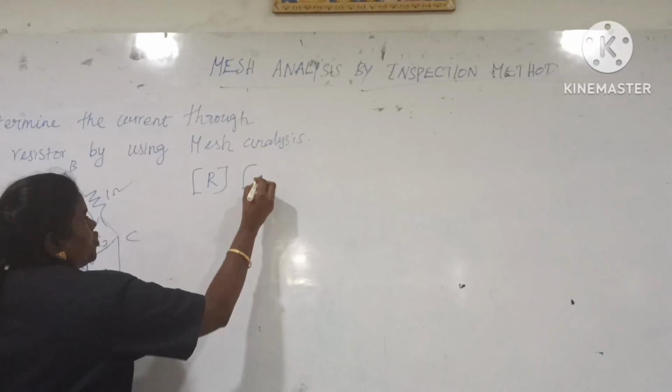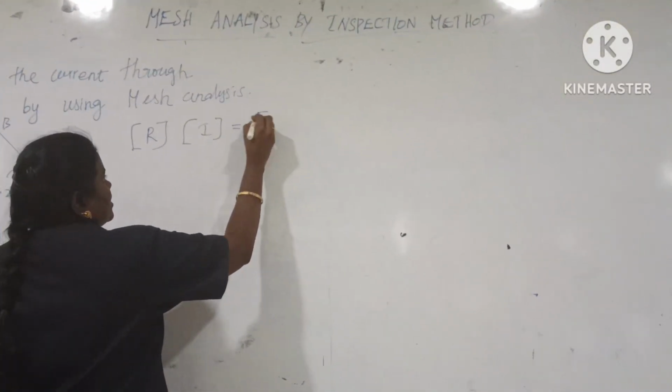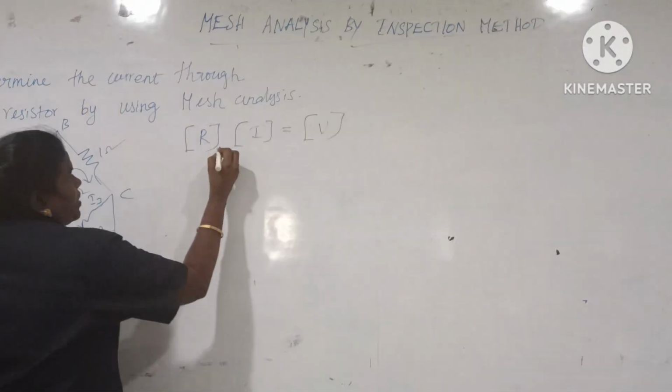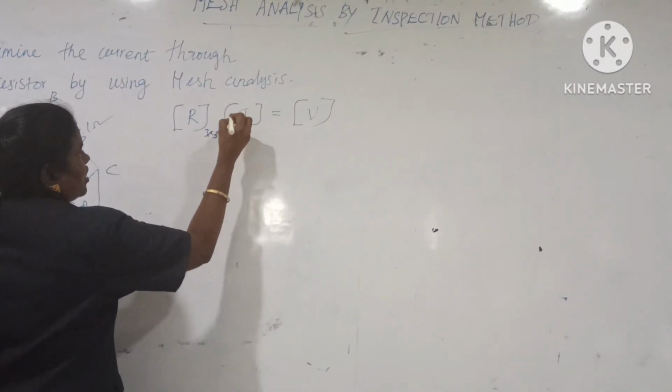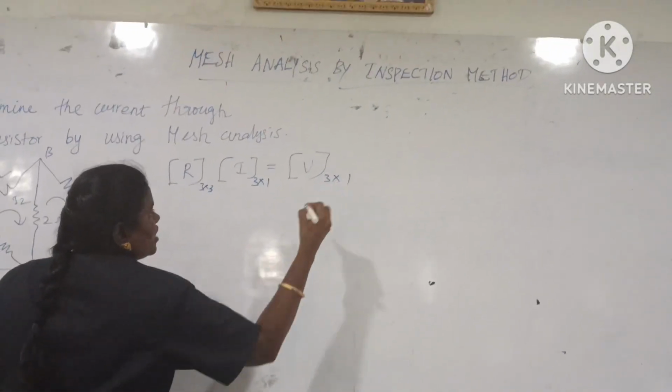It is R into I equals V: R matrix, I matrix and V matrix. The R matrix is a 3 cross 3 matrix, the I matrix is 3 cross 1, and the voltage matrix is 3 cross 1.